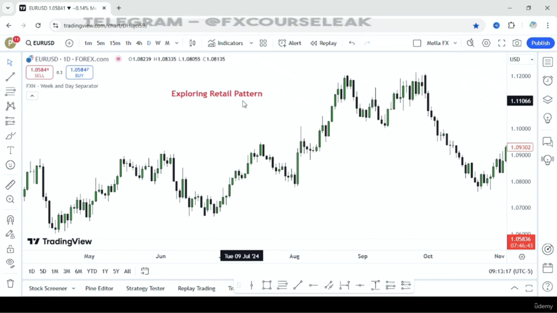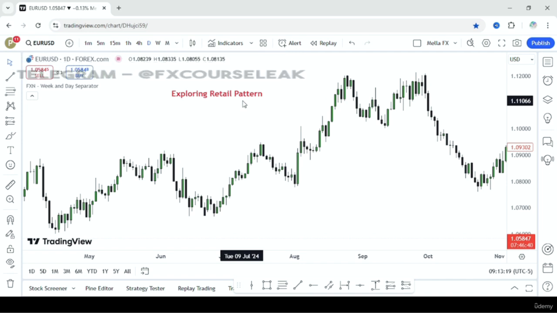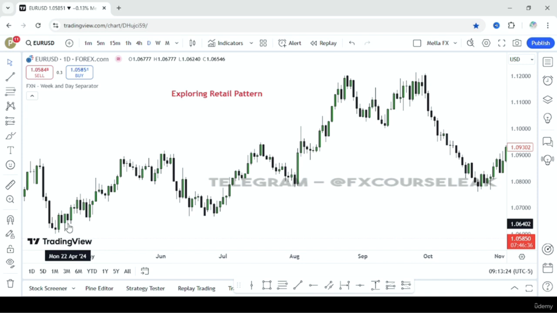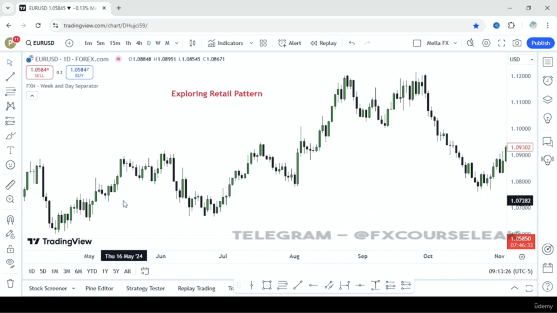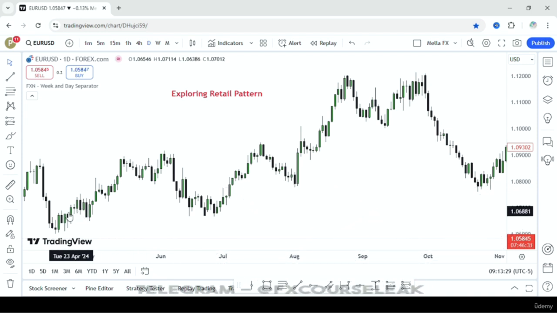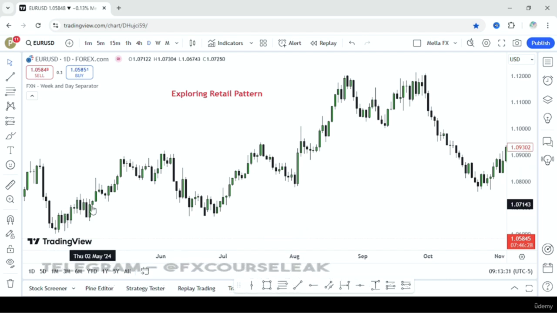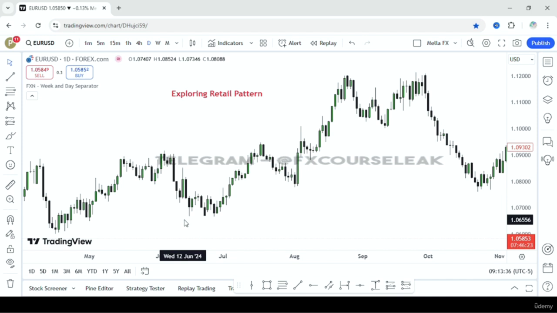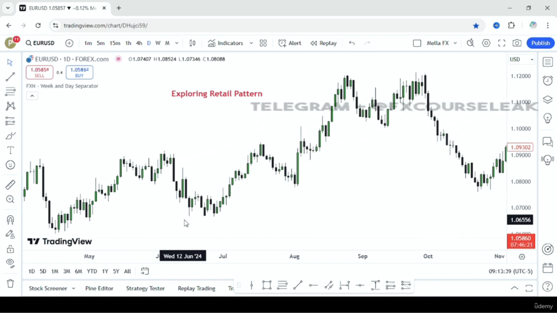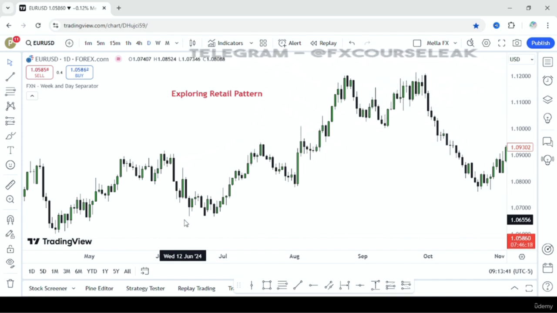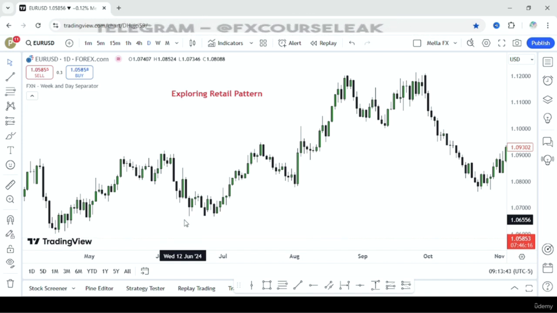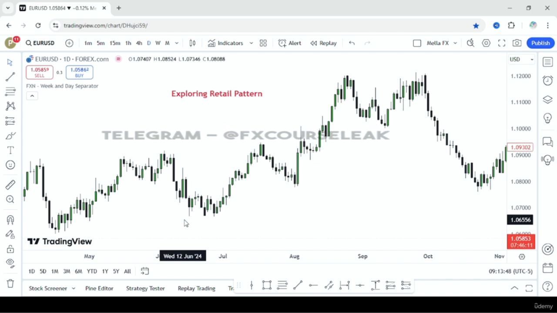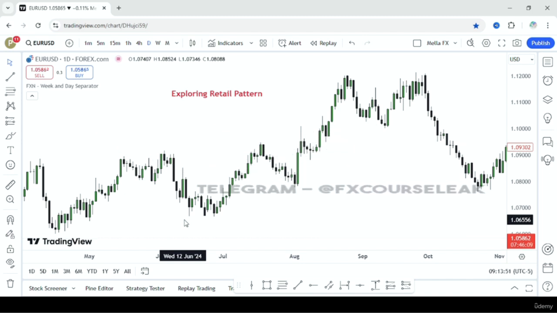The idea is that if the market begins to make, for example, we are in a bullish market, and the market begins to make higher highs and higher lows, like in this price action, a retail trader will come and outline imaginary diagonal lines that seem to support price to make it go higher.